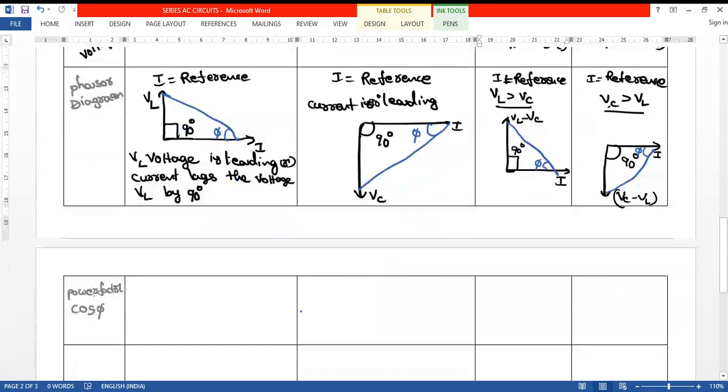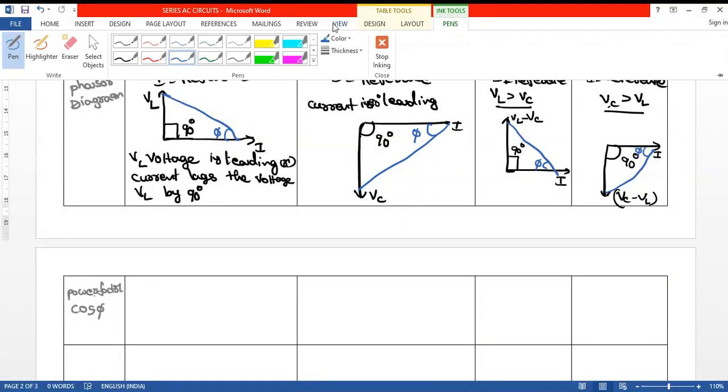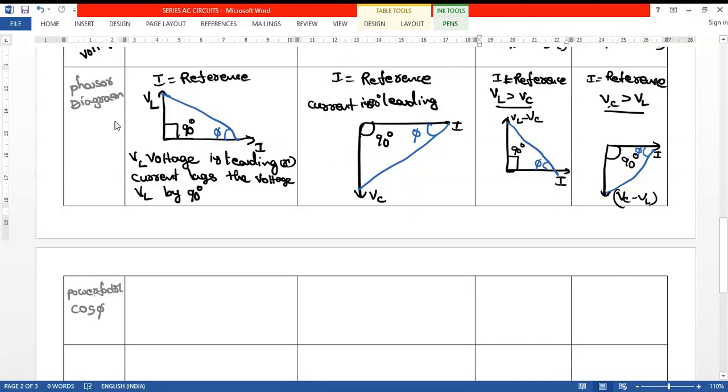So power factor is equal to real power by apparent power. Real quantity by apparent quantity. Simply we can say real power by apparent power.